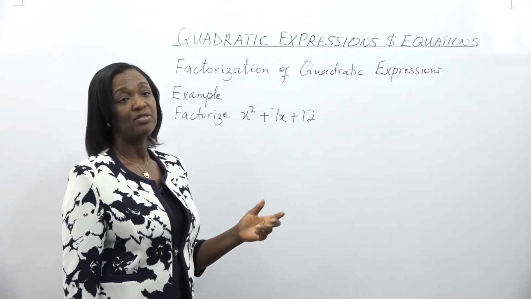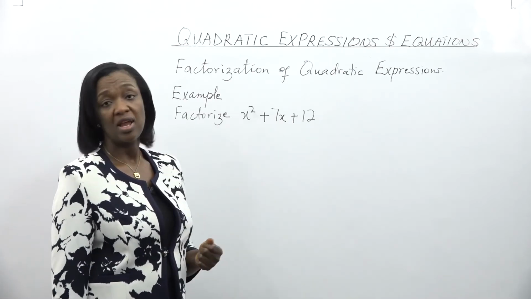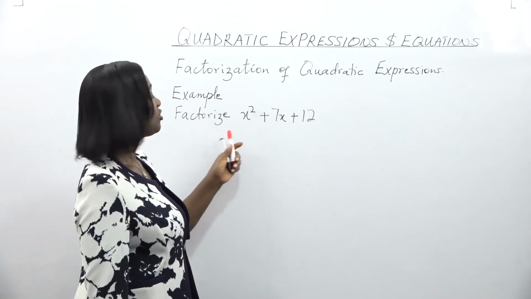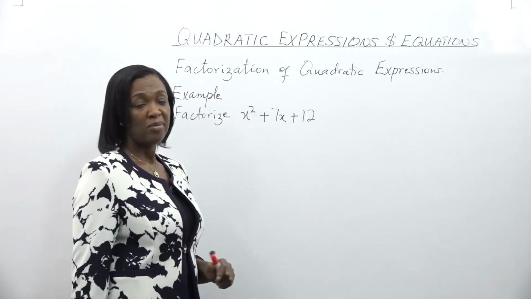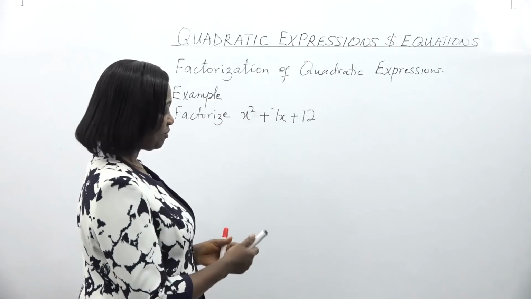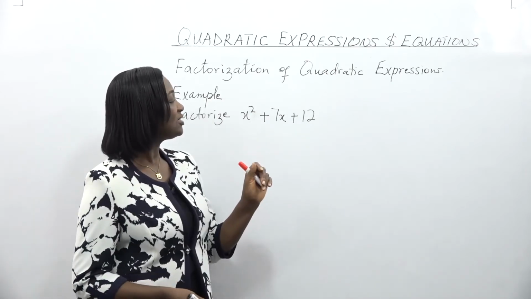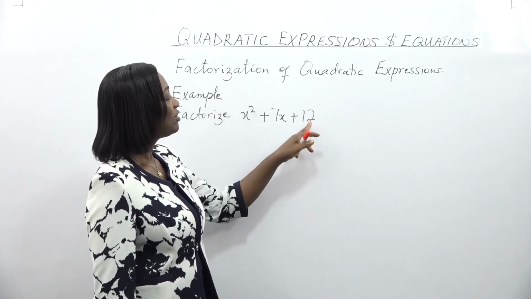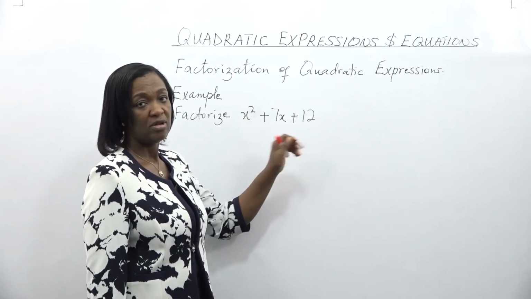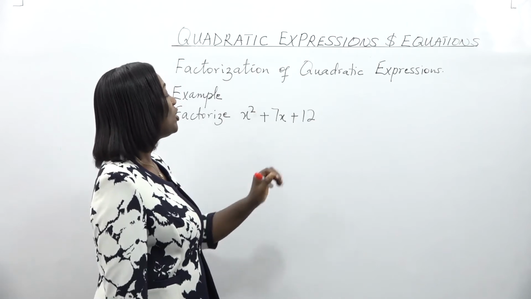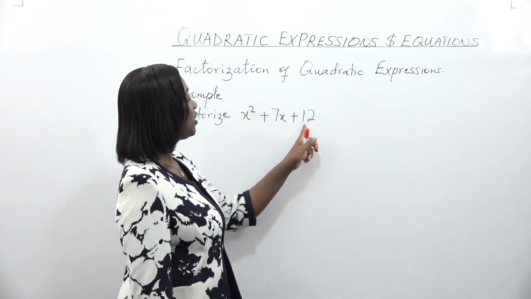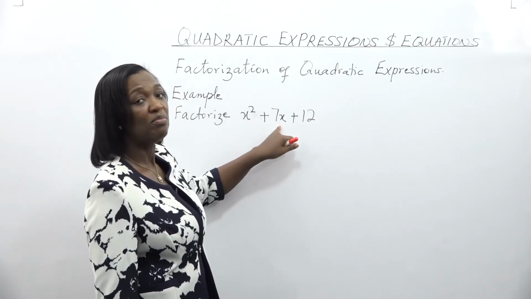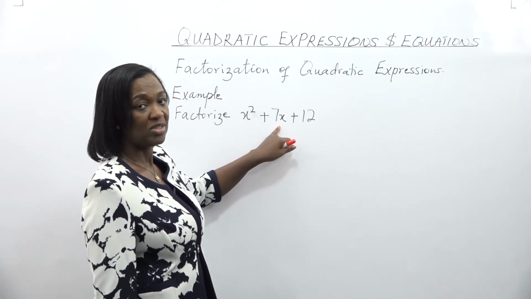Next, we want to learn how to factorize general quadratic expressions. For example, factorize x squared plus 7x plus 12. What we need to do here is find the factors of the constant term, which is 12, such that when you multiply the factors, it will give you 12, but when you add them, it will give you the coefficient of the middle term, which is 7.